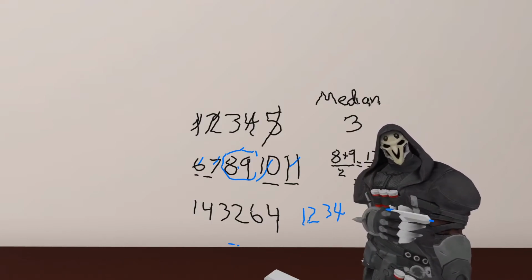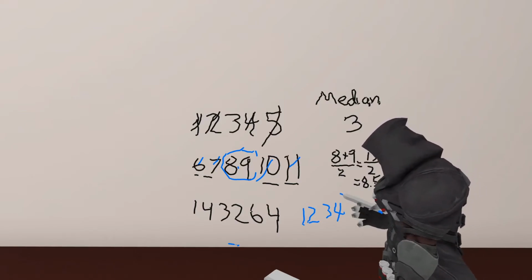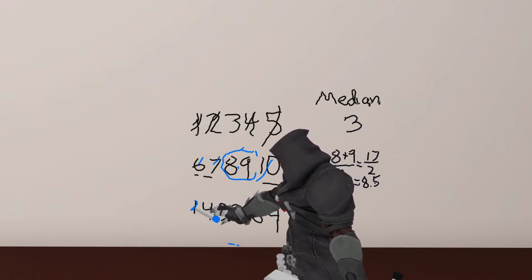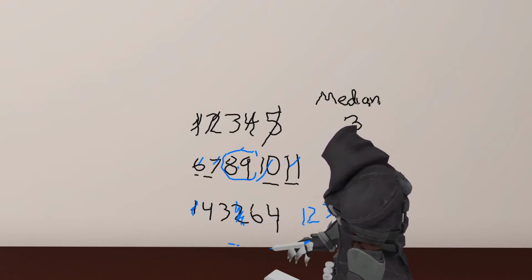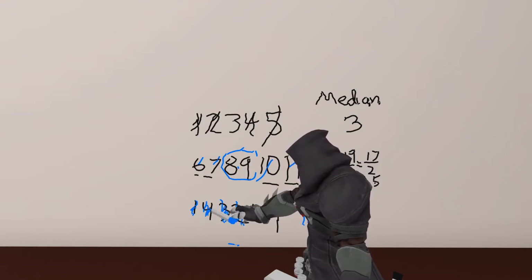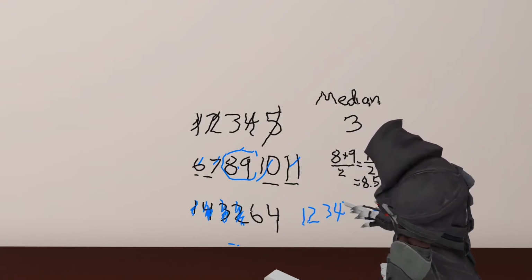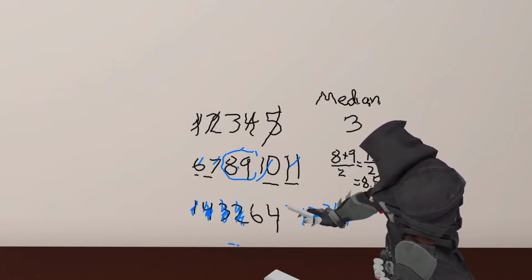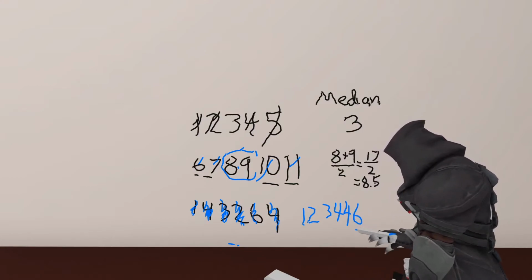Now, one way that you can make sure that you're writing every number is you cross them out as you go. I already have the 1. I already have a 2. I already have a 3. And I already have a 4. Now there's another 4, so we have to write that one as well. And 6. So we write the last one there, 6.